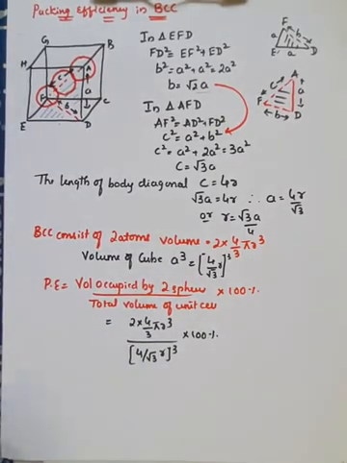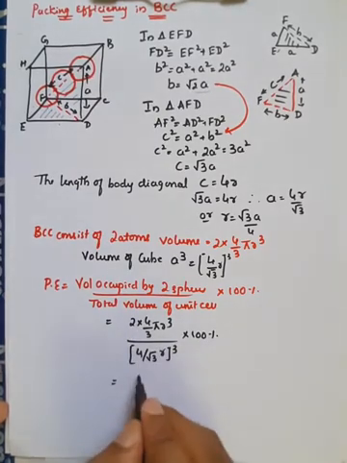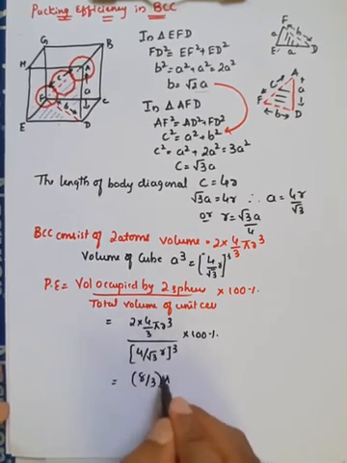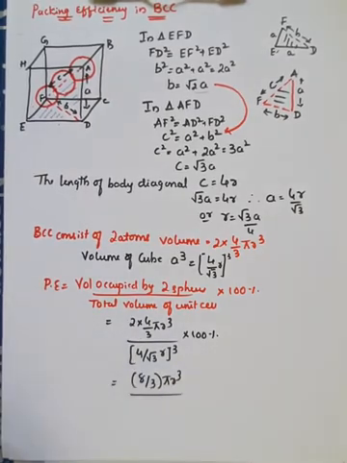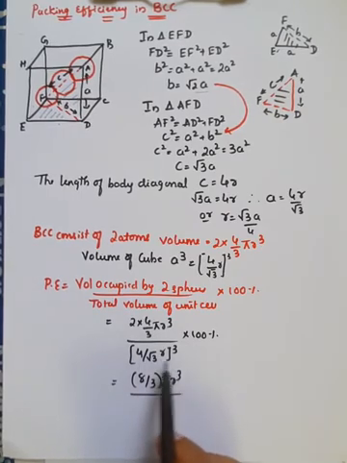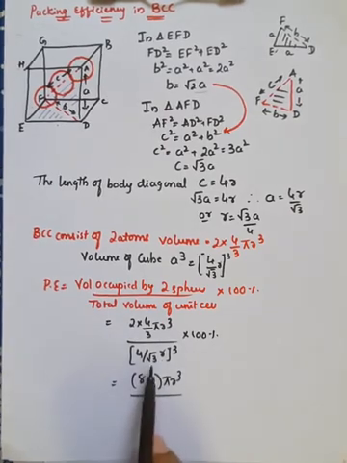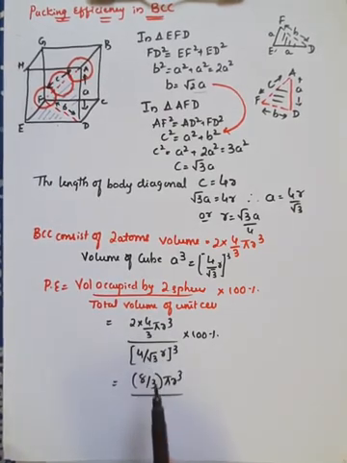Further if you multiply this, 4 into 2 is 8, 8 divided by 3 pi r cube, whole divided by, again it is 4 cube. 4 cube means it is 64, and root 3 into root 3 into root 3 is 3 root 3.